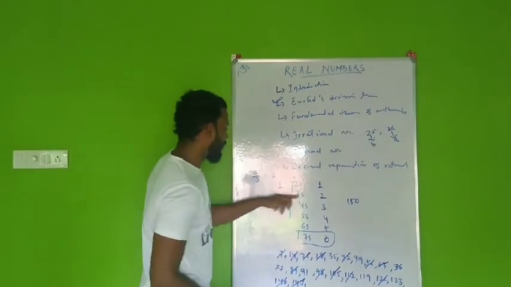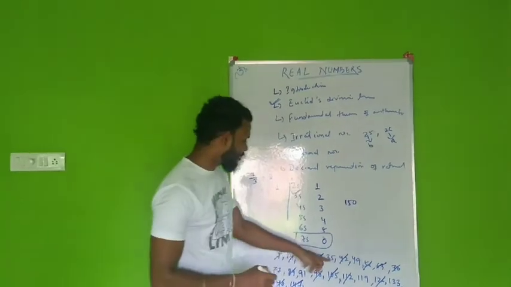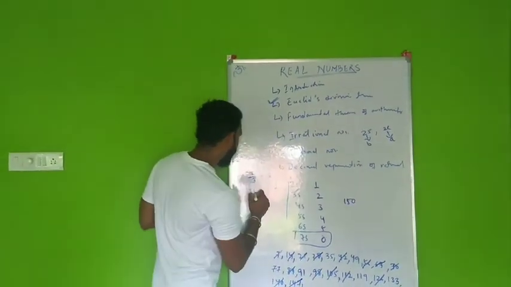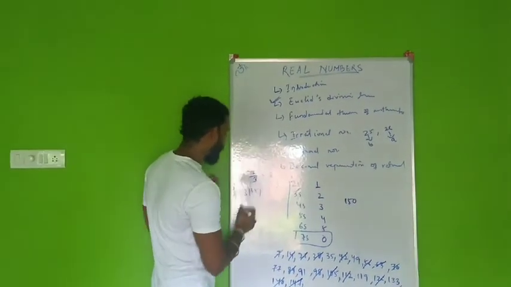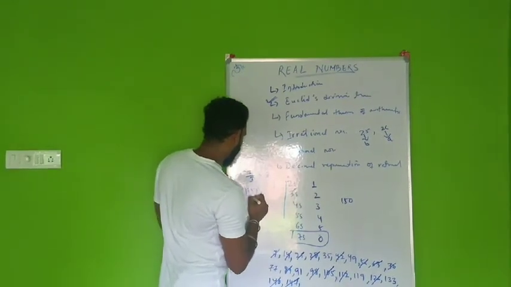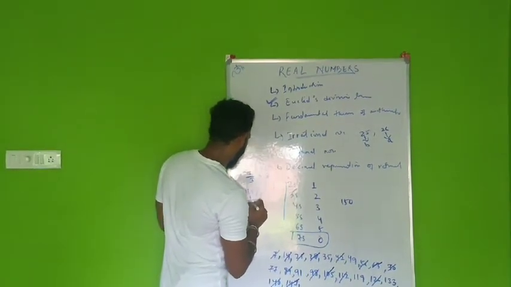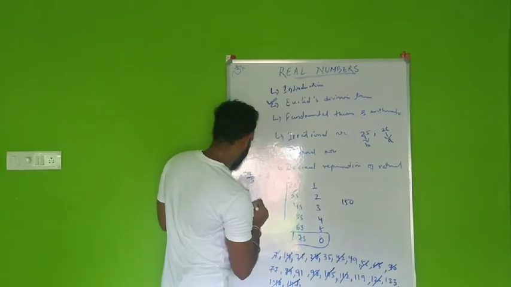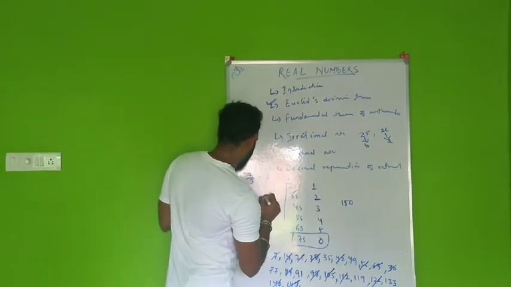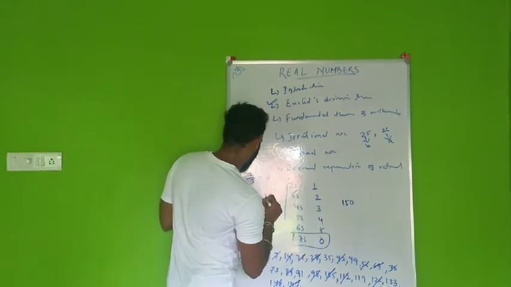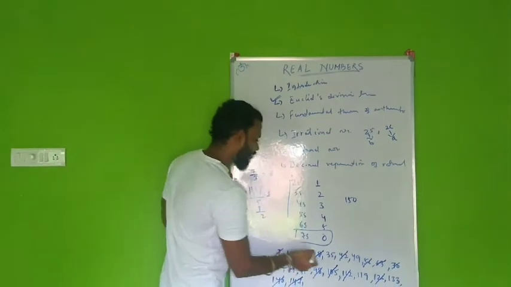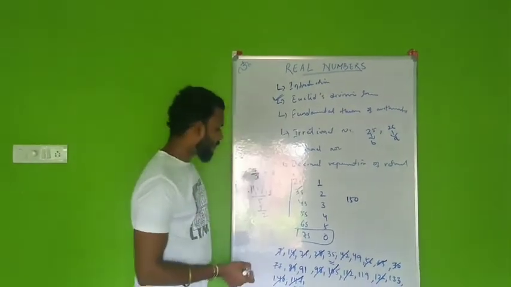So this is not possible by this condition. Then second, 35. If it is divided by 3, 3 times 11 is 33, so the remainder is 2. So it may be a possibility.